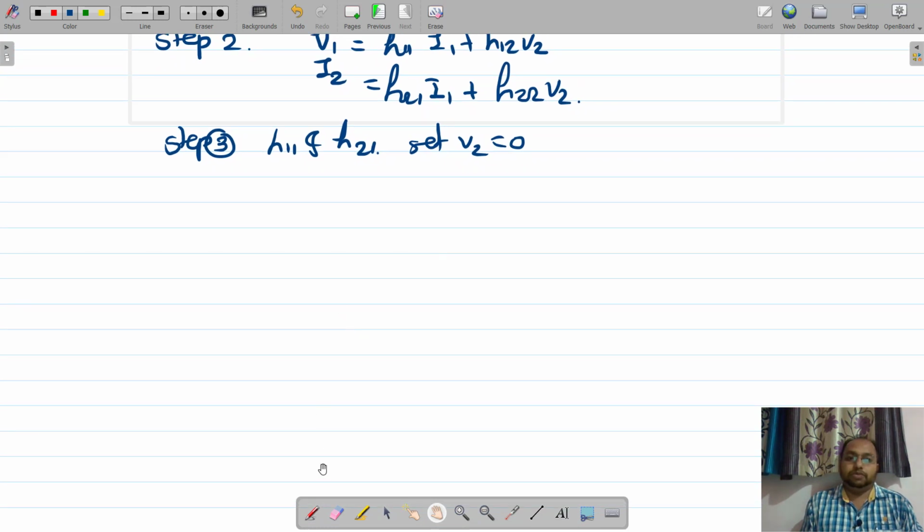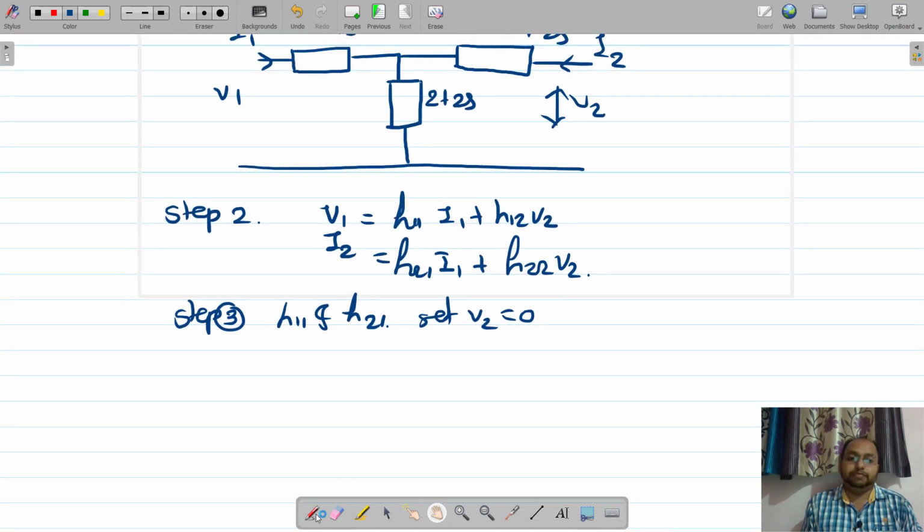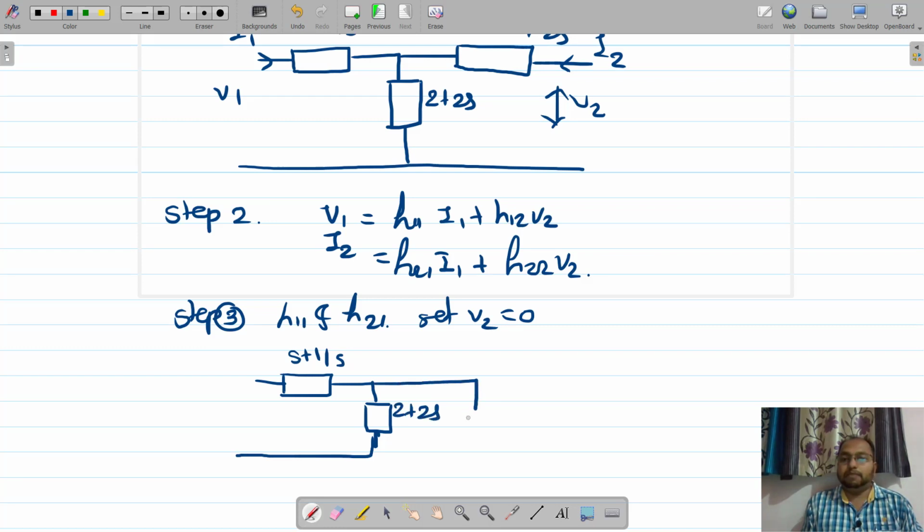Okay, so let us draw the circuit diagram properly. This is nothing but S plus 1 divided by S. This is 2 plus 2S, 2 plus 2S, and the parallel impedance, that is nothing but 4S plus 1 divided by twice S. Okay, great.